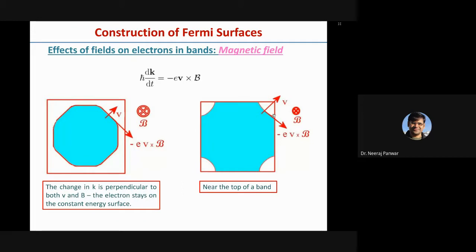And in the coming classes, we will see that if there is an electron at the bottom of the band, the electron will behave like an electron with positive effective mass, but at the top of a band, it will behave like a particle with negative effective mass. And that's why the motion of an electron at the top of the band is analogous to the motion of a hole.